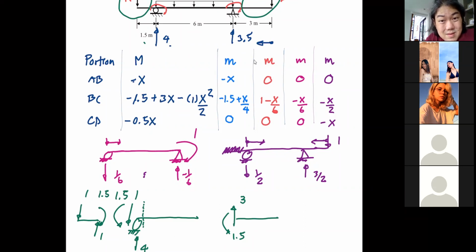Wait a minute. Of course, this is a force, right? But we need a moment, so it becomes minus. Yes, thanks. So yeah, in fact, I don't need to write minus. I think it's just like an automatic kind of thing. Oh, it's 1/6. Okay, thanks. It's like the residual thing.